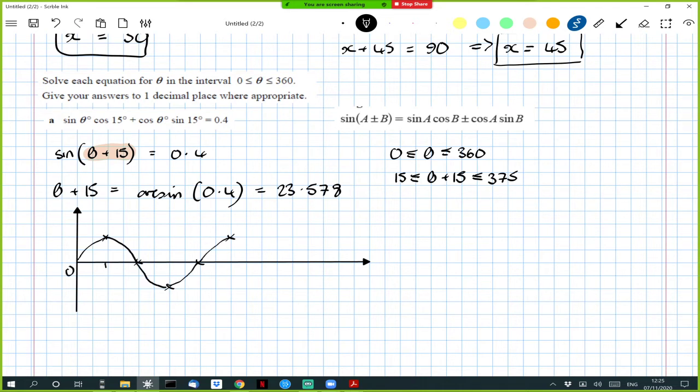So 0, 90, 180, 270, 360 and 450. Remembering we only want solutions between 15 and 375. And this isn't the theta axis anymore. We can think of it as the theta plus 15 axis, because all of these are values of theta plus 15.